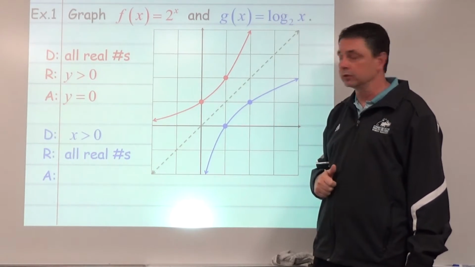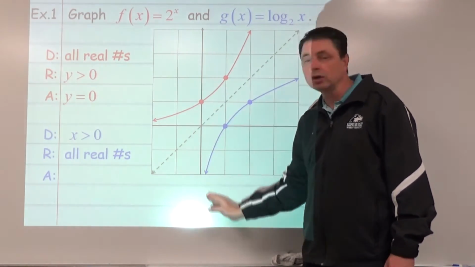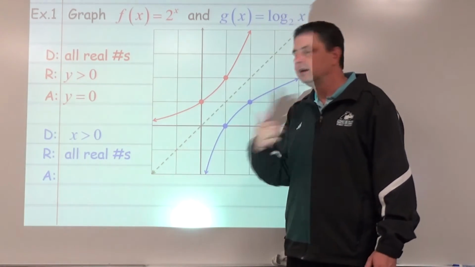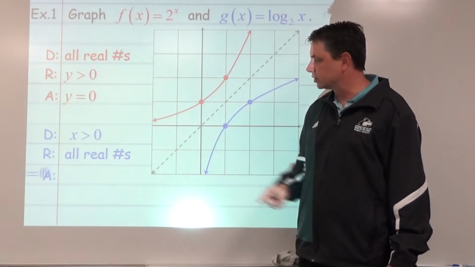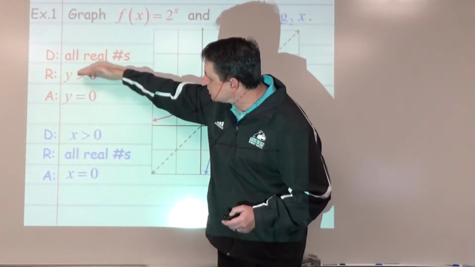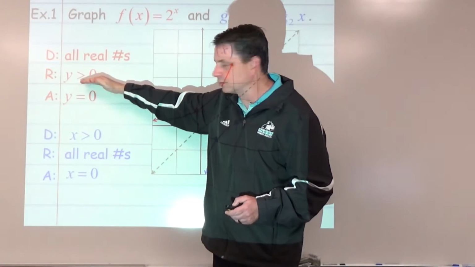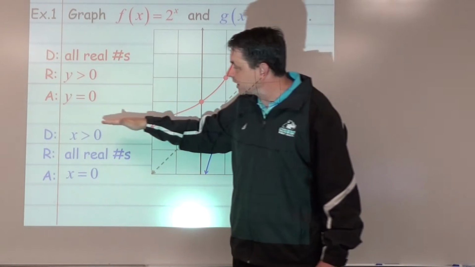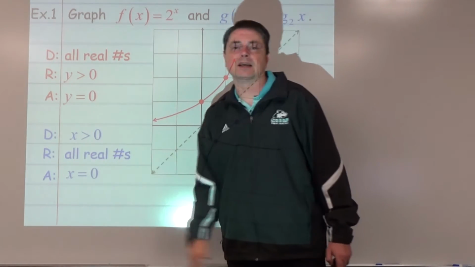So that's all real numbers. And then the asymptote, we're getting close to the y-axis. So that's the vertical line, x equals 0. So in terms of our exponential, you can see there's a connection between range and asymptote. But in the log graph, there's a connection between domain and asymptote.